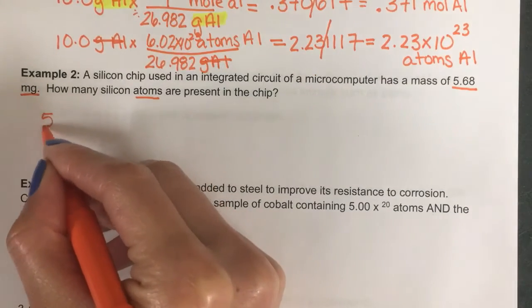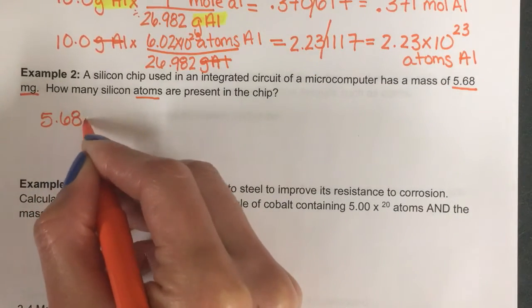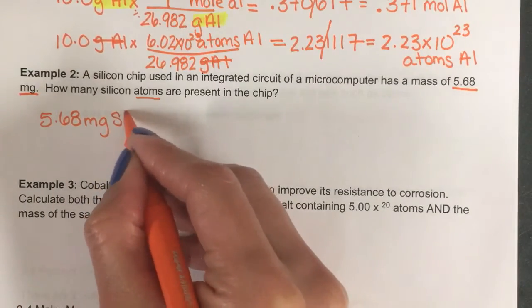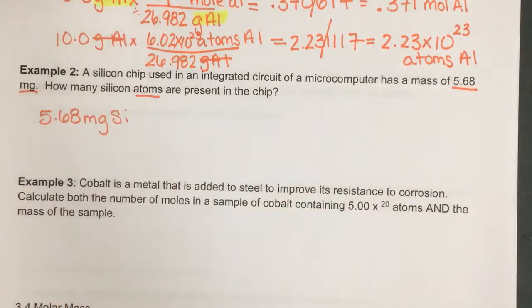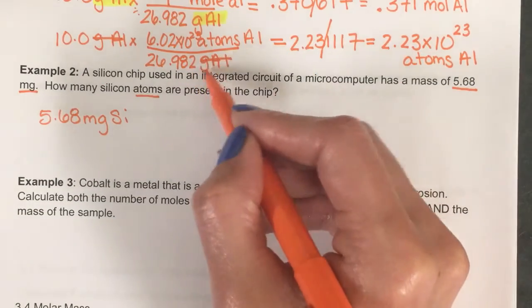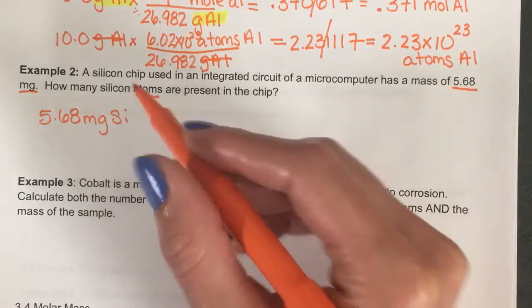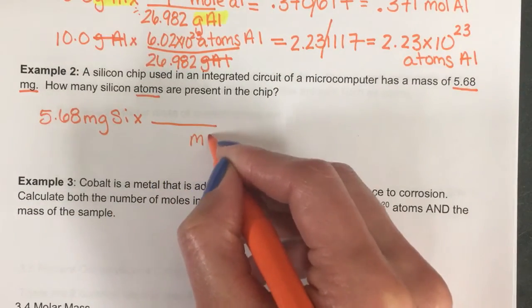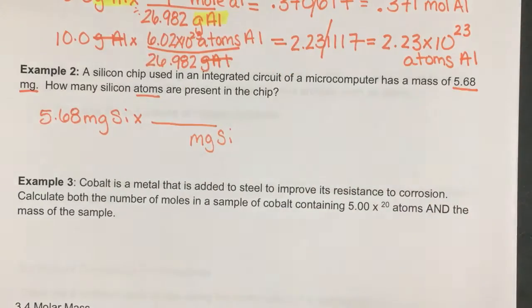I've got 5.68 milligrams of silicon. The problem with milligrams is the number on my periodic table is given to me in grams. So I can't keep milligrams. I need to make milligrams go away.